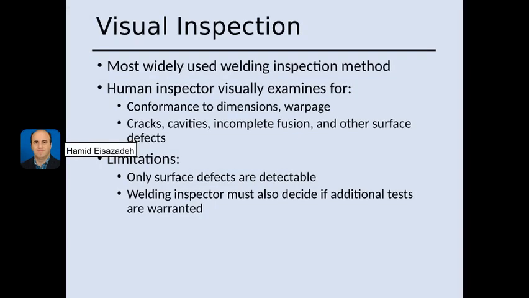The first one is visual inspection, where a human inspector is going to look at the weld surface, just examine the surface, and the cracks, if they are on the surface, cavity, incomplete fusion, can be detected.